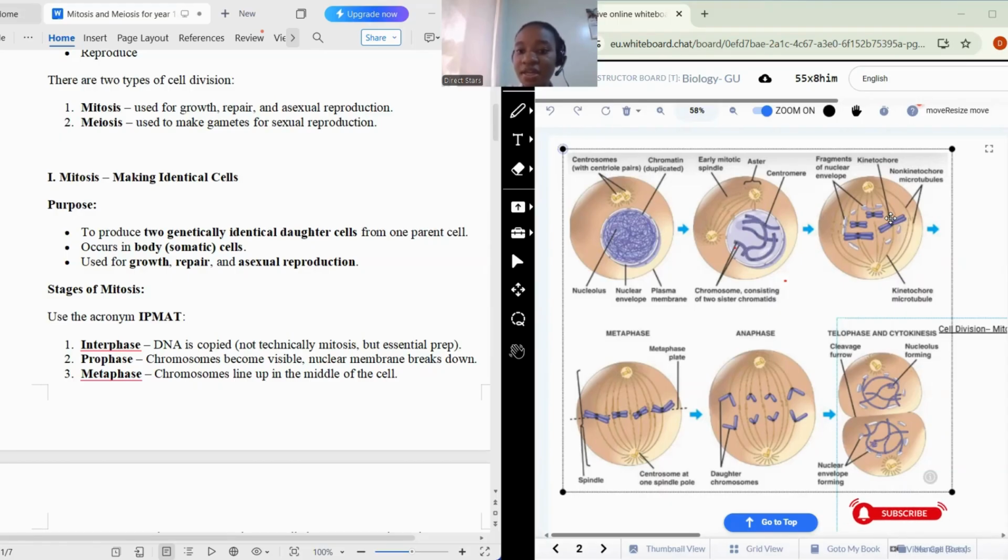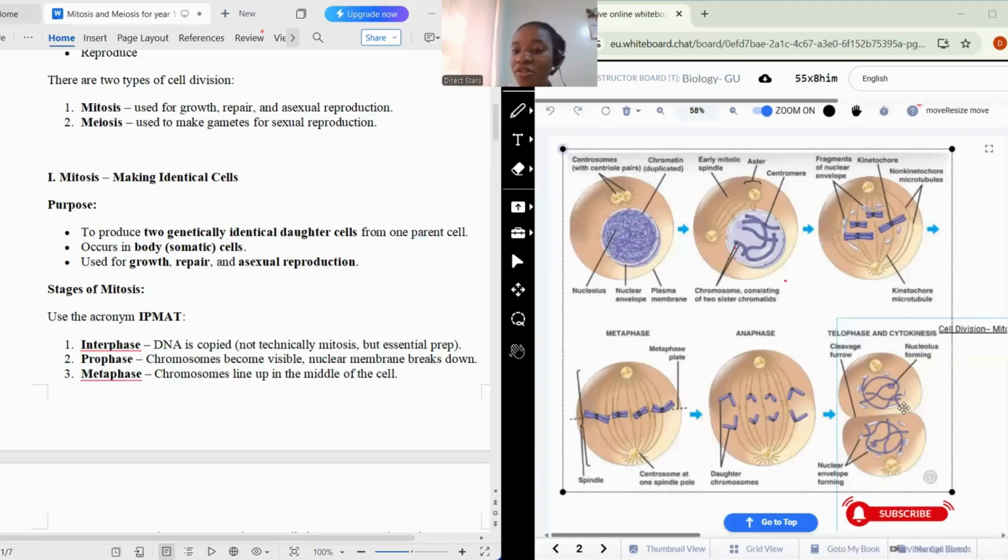As you can see right here in the diagram, it separates them, it pulls them to each end of the cell. It pulls them away from each other to different poles of the cell, just like you can find in this diagram. So after it does this, the next thing that happens is that the cell slowly starts to divide.